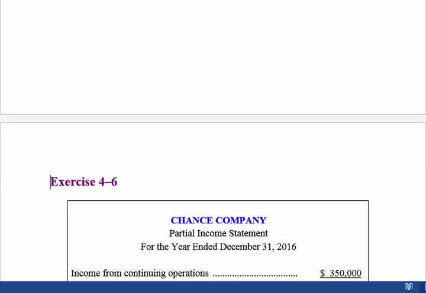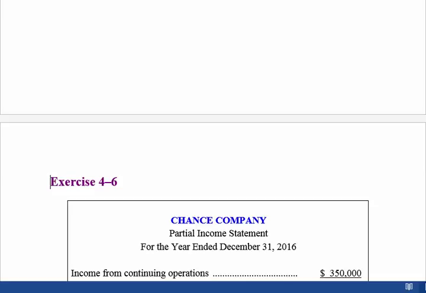So the total loss for the year would be the loss on the sale, $400,000, plus the loss from operating that segment through the sale date, $130,000. So our total loss for the year on this division that we're discontinuing is $530,000 before taxes. The income tax rate is 40%. And then they go on to say income from continuing operations is $350,000, which we have here.